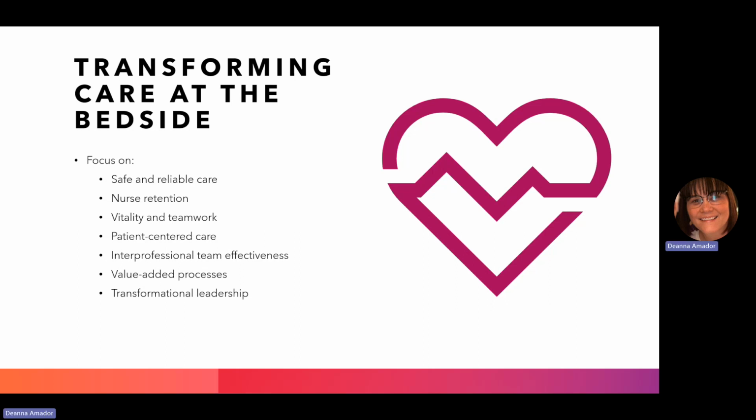Transforming care at the bedside program. This program really looked at improving the quality and safety of patient care on medical surgical units.